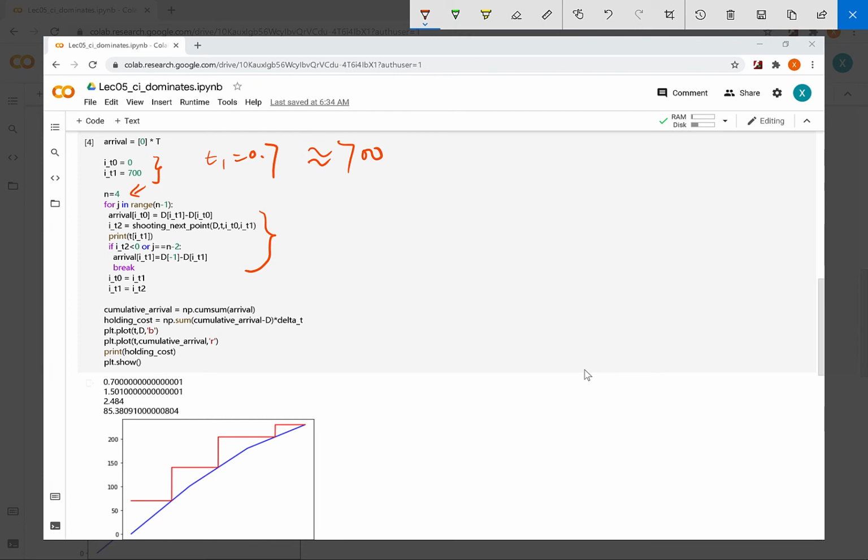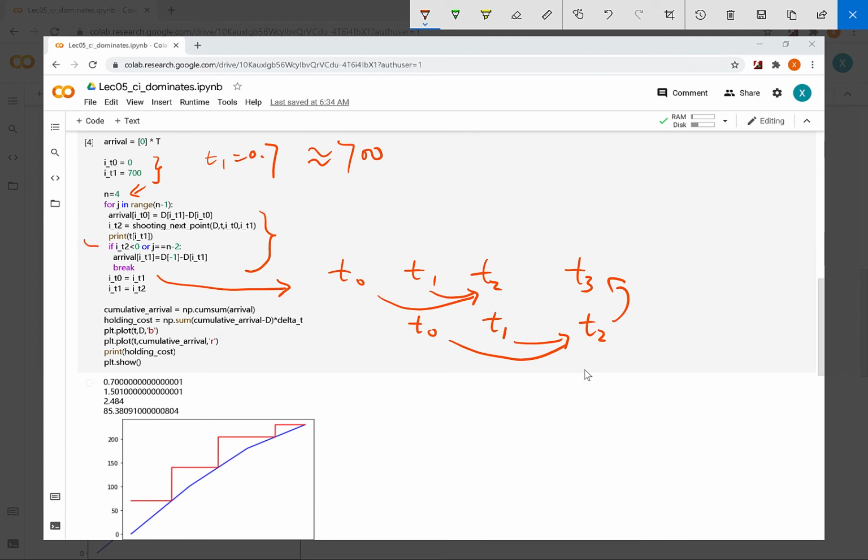We use a recursive method: when we get T2 from T0 and T1, we replace the old T0 with T1 and the old T1 with T2, and then apply our method again to get our next T2, which is the next shipment time, T3. By doing this iteratively, we can generate as many shipments as needed.